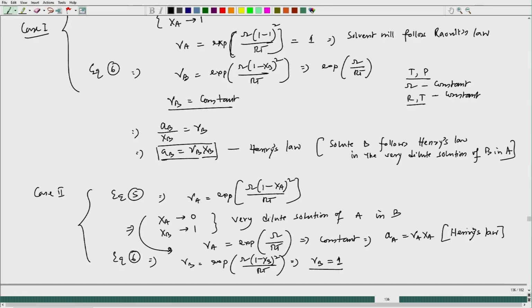In the other case, it is just the other way around.